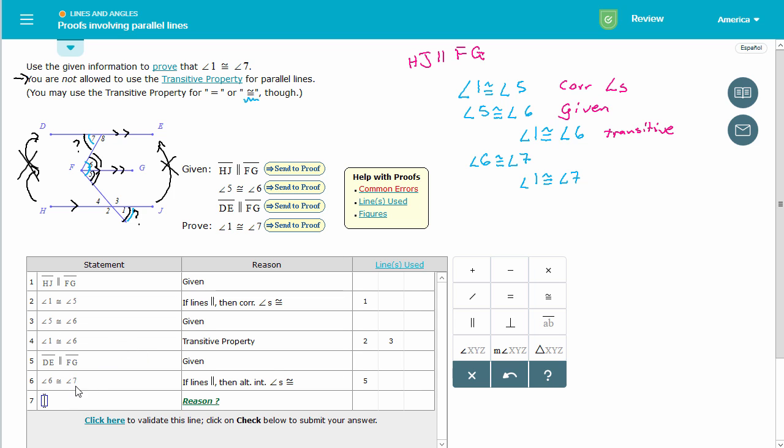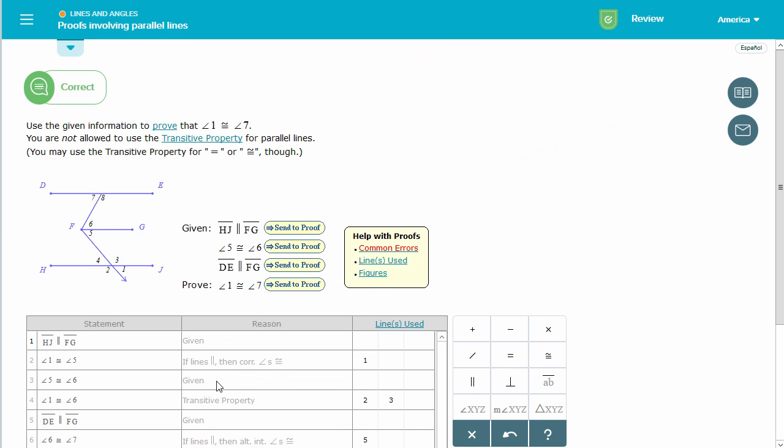We can say angle 1 is congruent to angle 7, using the transitive property again. 1 to 6, that was line 4. 6 to 7, that was line 6. And now it says, thank you, your proof is complete. We click check, and our answer is correct.